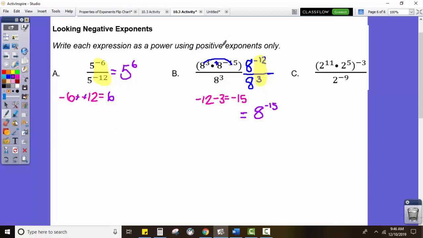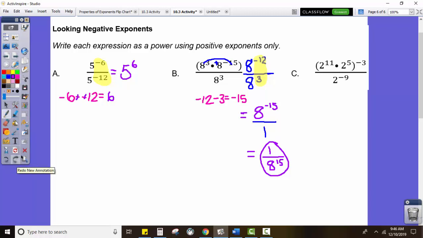However, we need to write with positive exponents. So I need to change this into a positive exponent. Remember how to do that? Normally it's over 1. So I'm going to take the reciprocal of it. I'm going to flip the numerator and the denominator, and then the exponent of negative 15 will be positive. So I have 1 over 8 to the 15th. And that is your final expression.